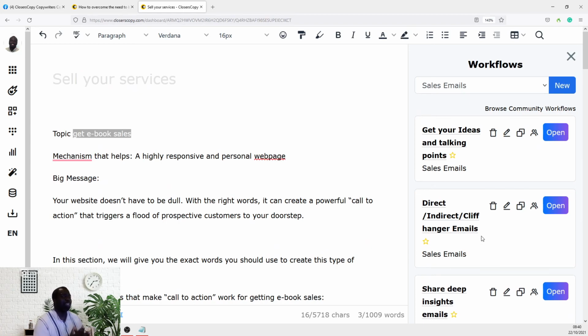Yes, and so as I said, this is not for the faint-hearted, yeah. But if you are in a place where you've been struggling to figure out how to write emails to your clients without feeling like appearing to be this pushy person who's always just saying, buy my stuff, buy my stuff, buy my stuff, this series workflow will give you the opportunity to write emails that people can find engaging, enjoyable, interesting.